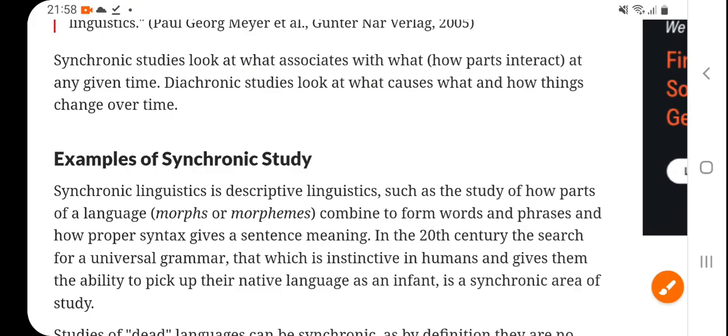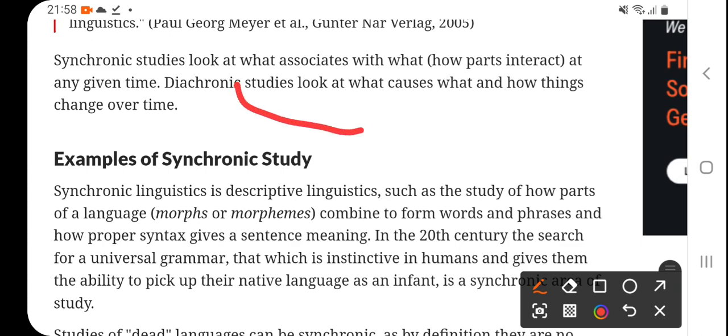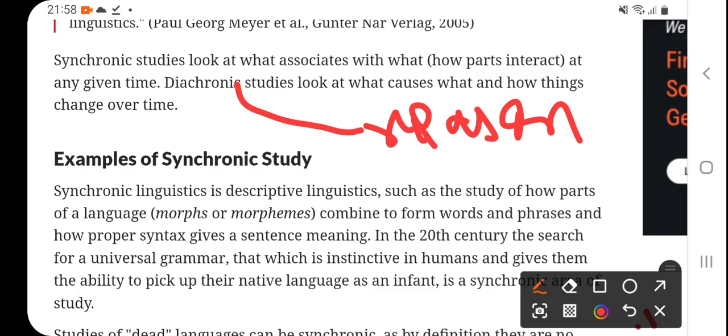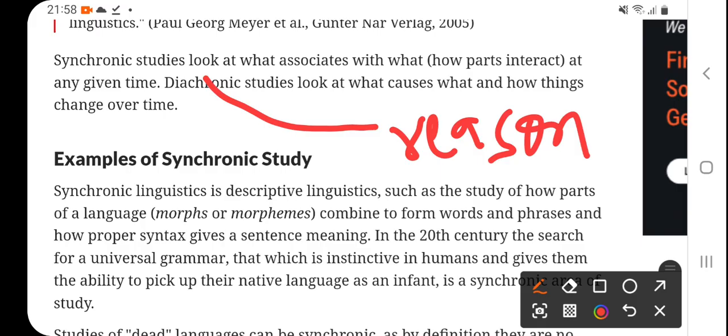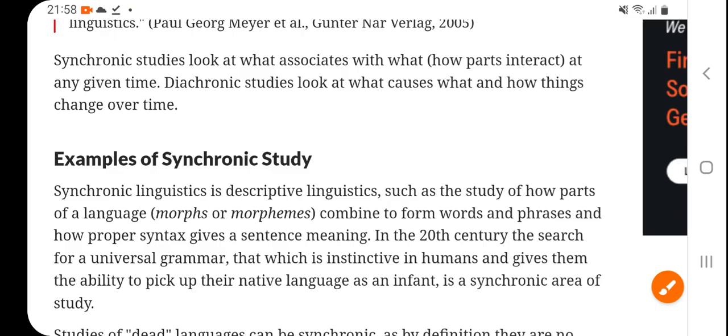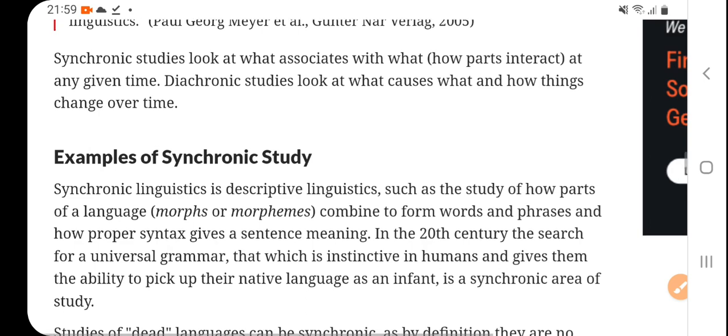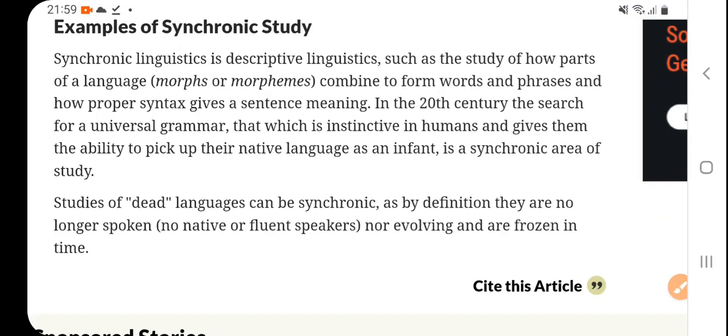Diachronic study finds the reason for changing, while synchronic study just describes how. It doesn't find reasons. It looks at how different parts, like subject, verb, and predicate, interact. This is an example of synchronic study.